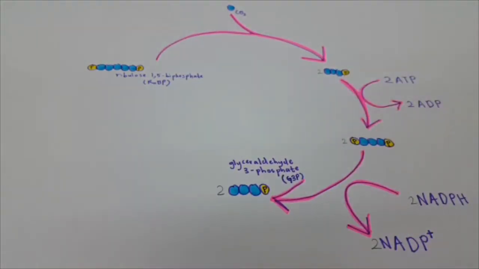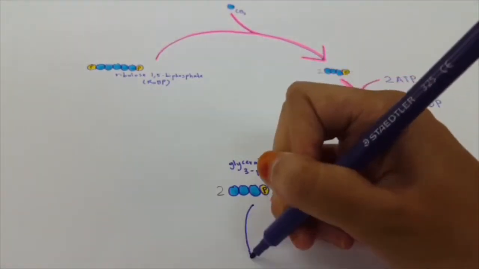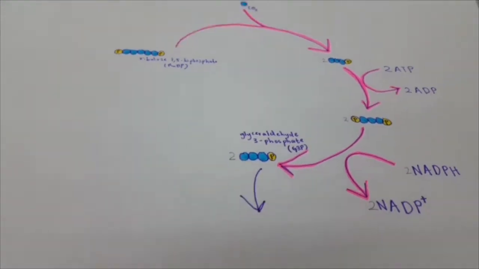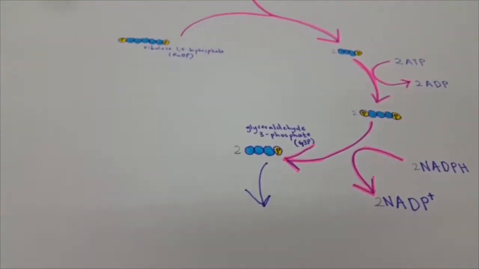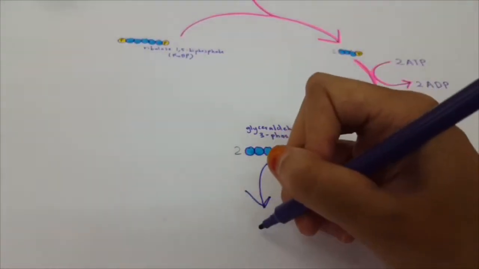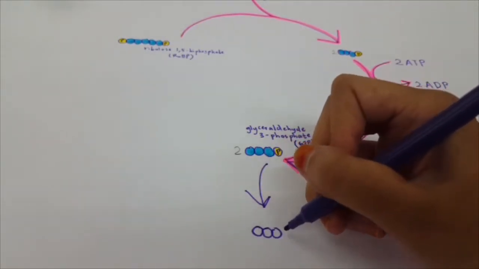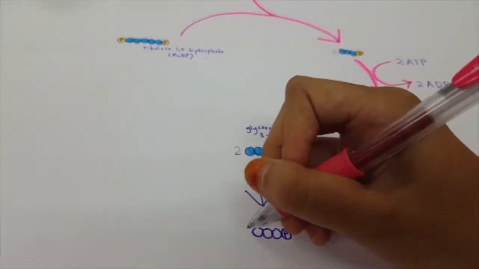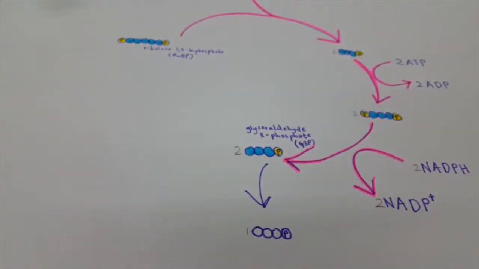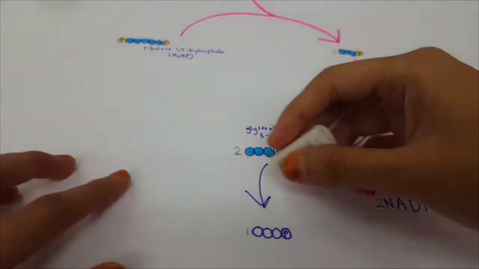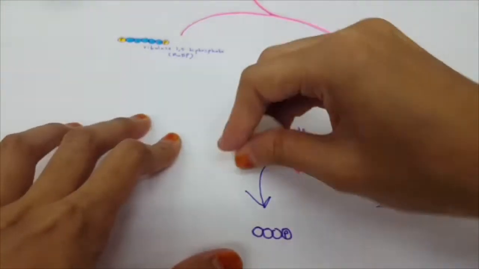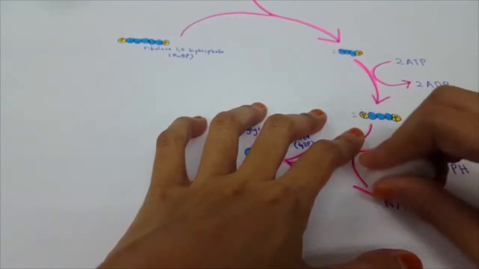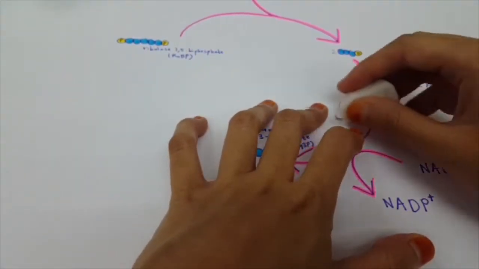In each Calvin cycle, the molecules of glyceraldehyde triphosphate, or G3P, will supply one of its molecules out of the cycle to form glucose. 3 Calvin cycles are required to form 3 molecules of G3P.